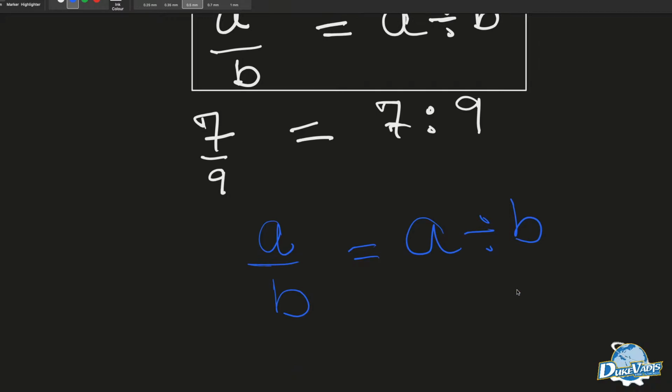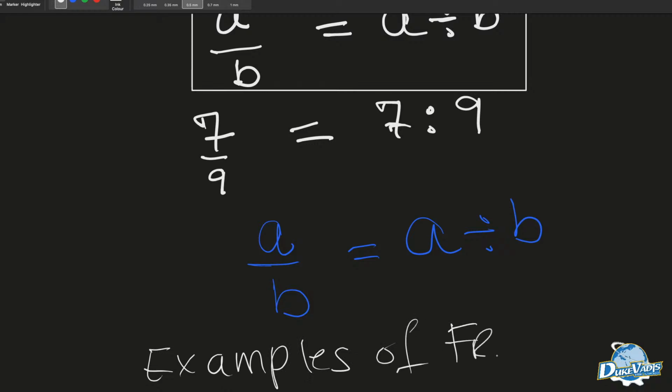Now let's look at examples of fractions.